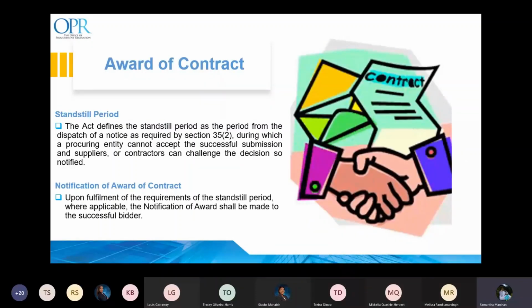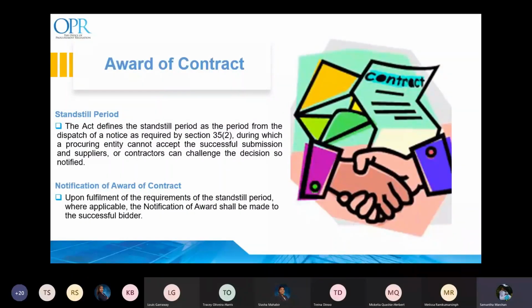The Act defines the standstill period as the period from the dispatch of a notice as required by Section 35(2), during which a procuring entity cannot accept the successful submission, and suppliers or contractors can challenge the decision so notified.